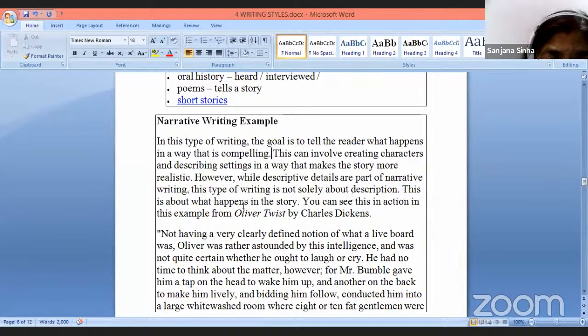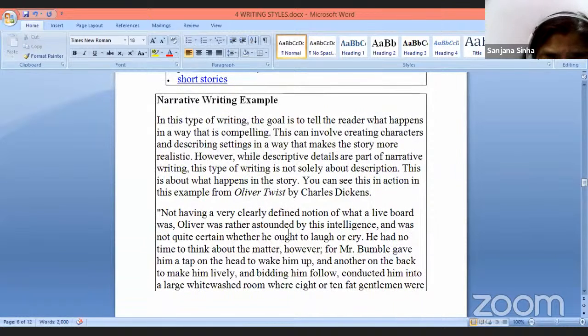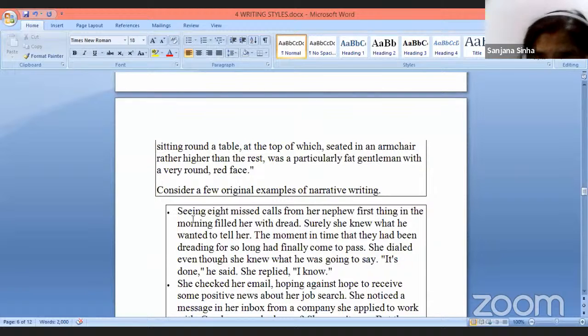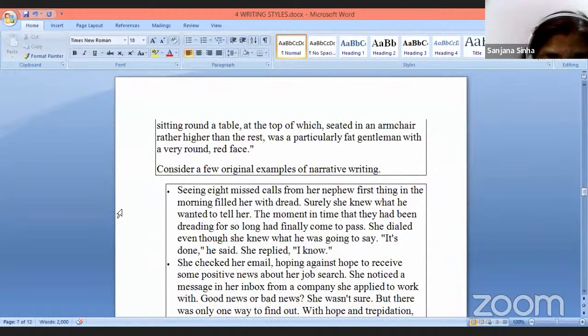This is about what happened in the story. You can see this in action in this example from Oliver Twist by Charles Dickens. Examples I'm omitting because you will come up with your own stories.